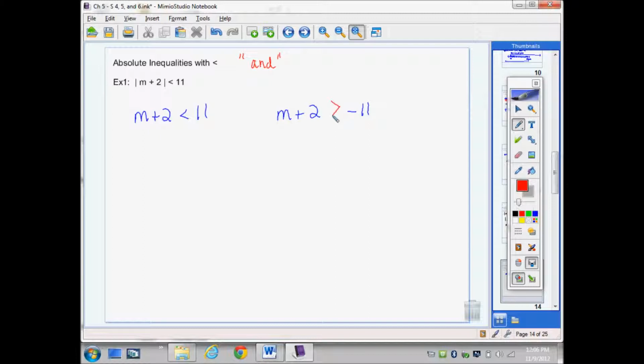So on the one that I make negative, I flip the inequality symbol. Okay. So it's kind of like when you multiply and divide by a negative, but it's just when we turn that answer negative, we flip the inequality symbol.